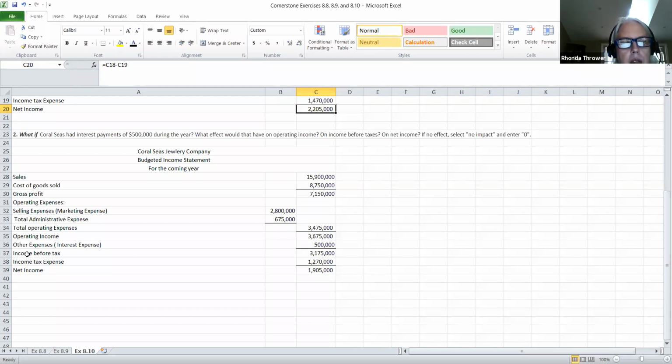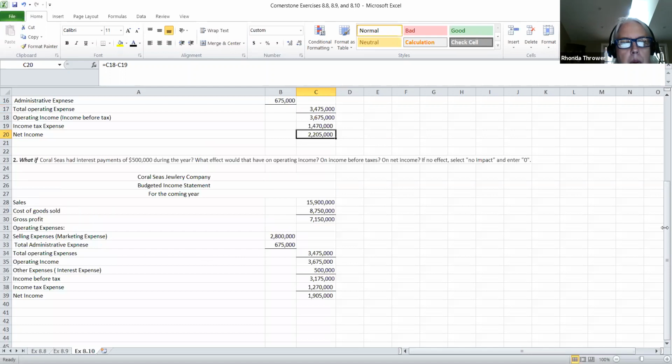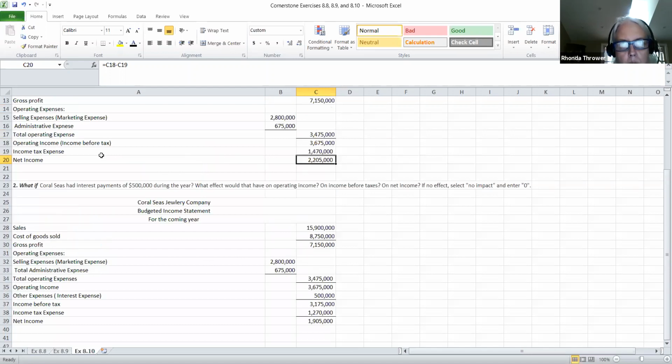So notice that it's different than the one that I put up above, because there were no other revenues or other expenses items. There were no other items at all. So in the previous example, the operating income is the same as income before tax.